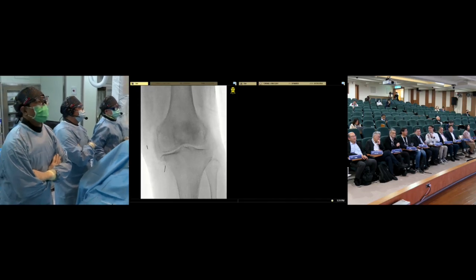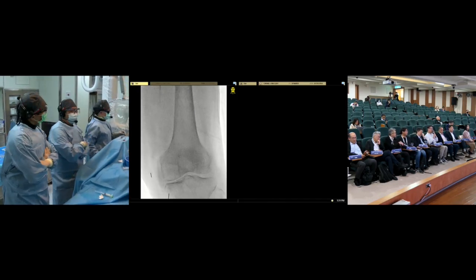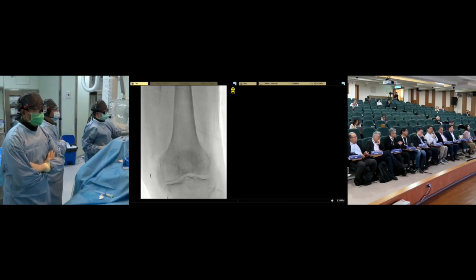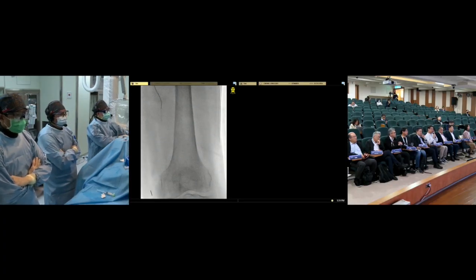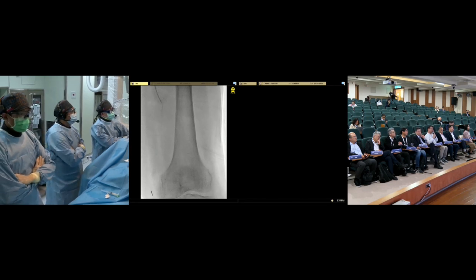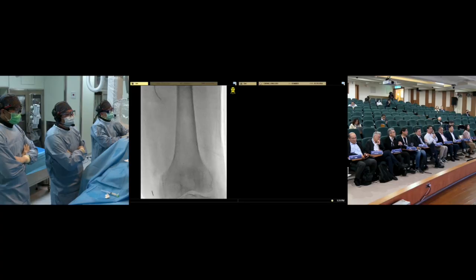Any questions from the panelists? Dr. Chu and Dr. Wang, I'm Song Chu from Chang Gung Memorial Hospital. The first question is how to choose between a temporary embolic agent and a permanent embolizer.